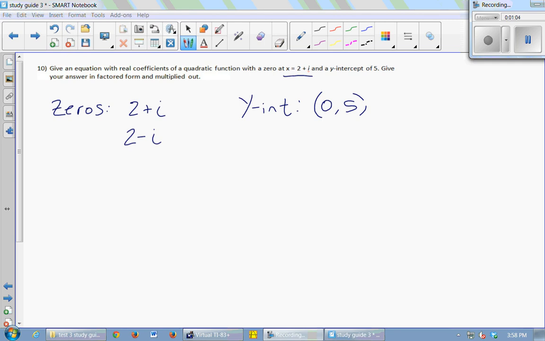So when I write a quadratic in factored form, because it's a quadratic, degree 2, I know it should have 2 factors, and then also maybe a leading coefficient. So it would have some leading coefficient, and then my 2 factors, each one is x minus a zero.